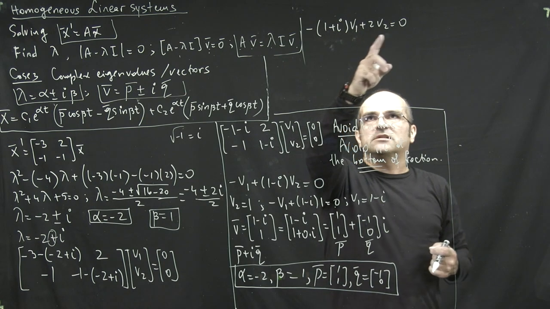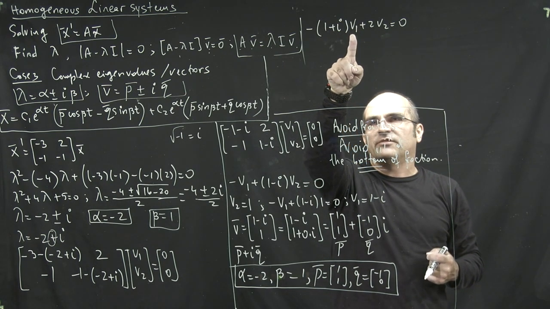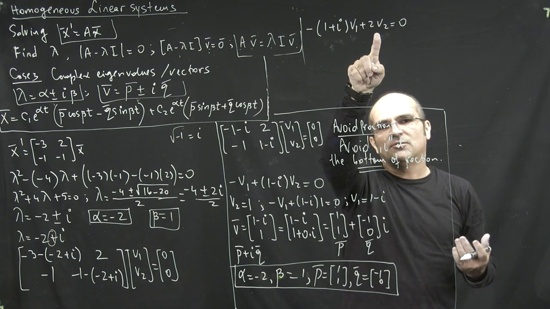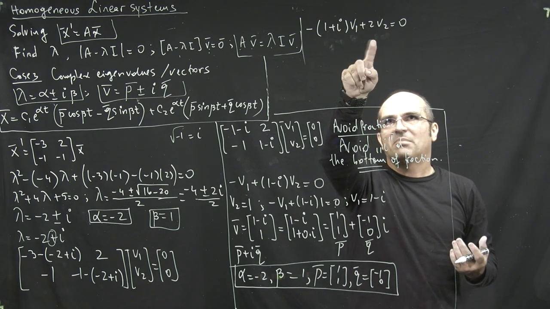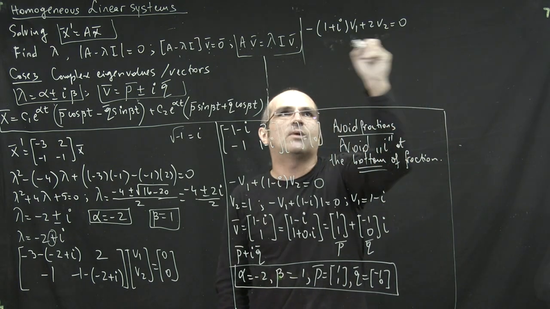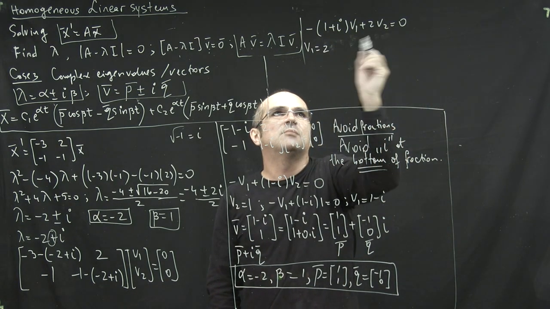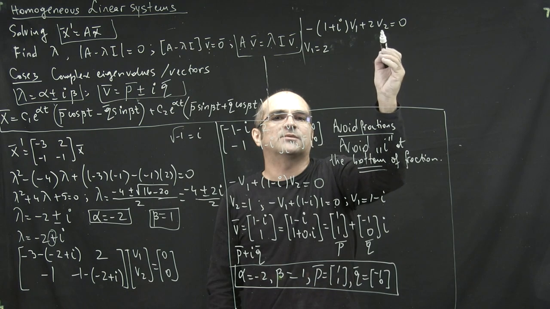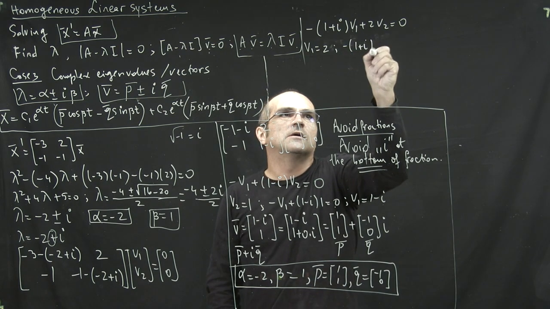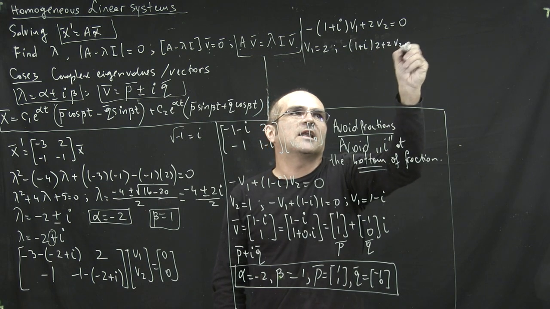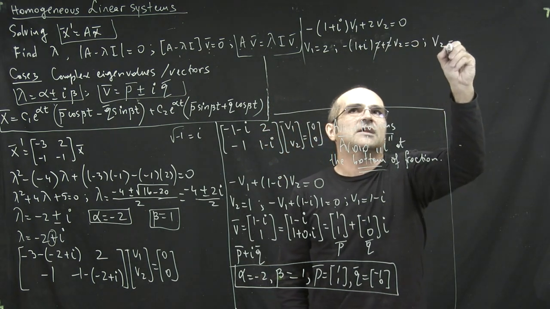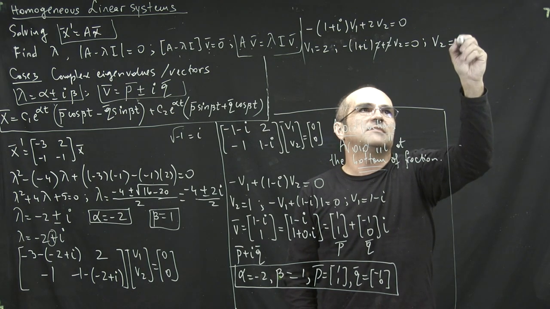On the other hand, you can plug in 1 for V1, but that means you have to divide by 2. That's still fine, you may have 1 over 2 as a fraction, but the best choice that avoids all fractions altogether, if you look carefully, is V1 equals 2, because that allows you to simplify with this one here. So if I let V1 be 2, then I can divide by 2 both sides, and V2, the second entry, is going to be 1 plus i.